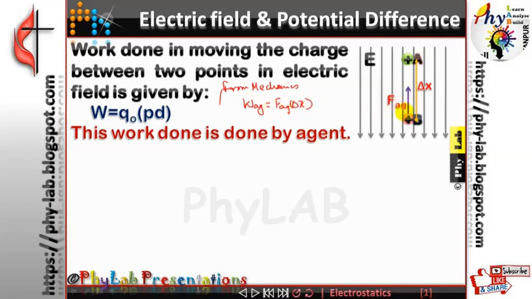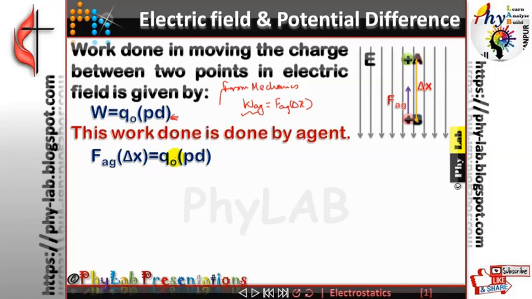So the force applied is in the upward direction and the displacement suffered is also in the upward direction. So force applied by the agent into delta x will give me the work done, and this work done from mechanics and the work done from electrostatics must be the same. So I have equated both: the work done by the agent, force applied by the agent into delta x, is equal to Q naught into PD.